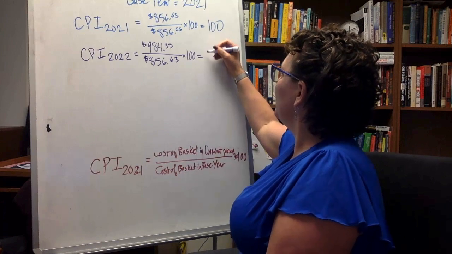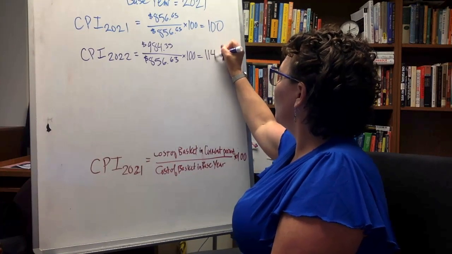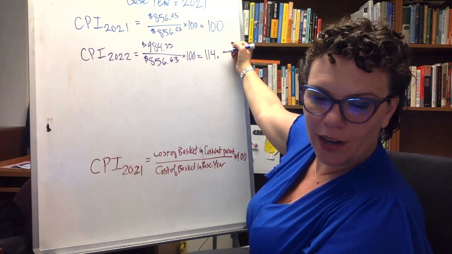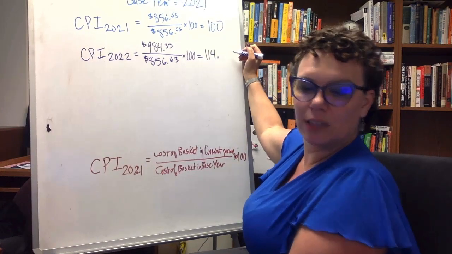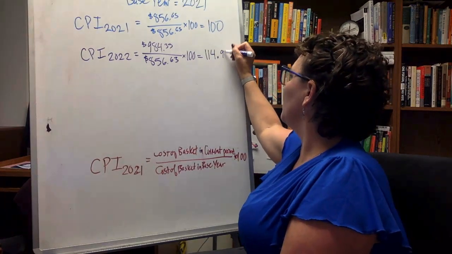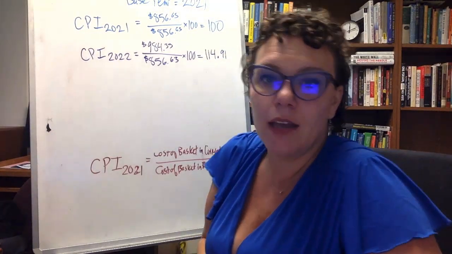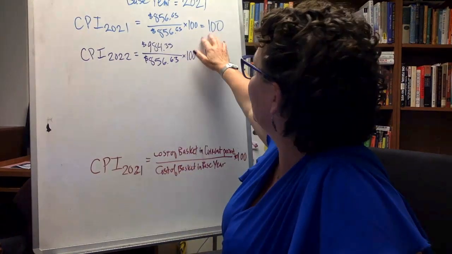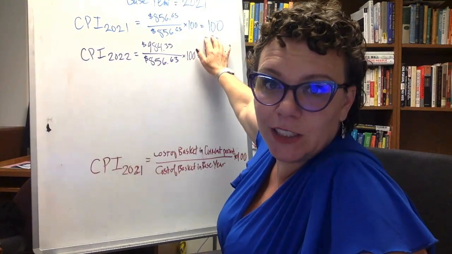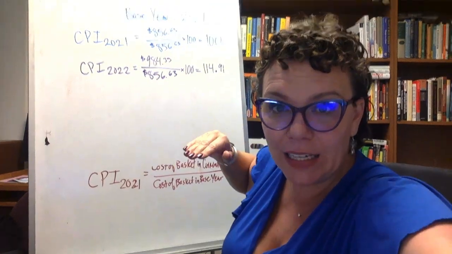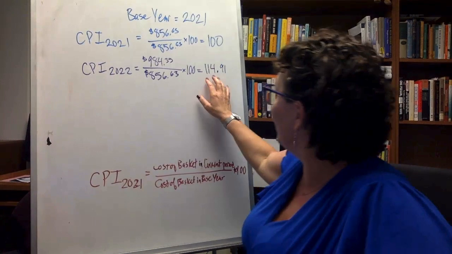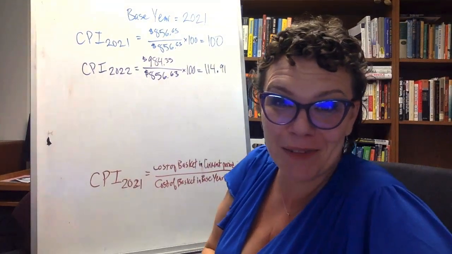Multiply it by 100 and I get an index of 114, and I'm going to round to 114.91. So this index value tells me that prices have increased based on the previous period. The previous period was our baseline, and now prices have gone up, and they've gone up by 14.91%.